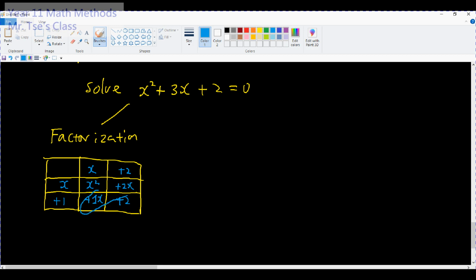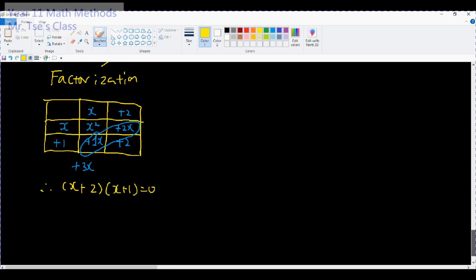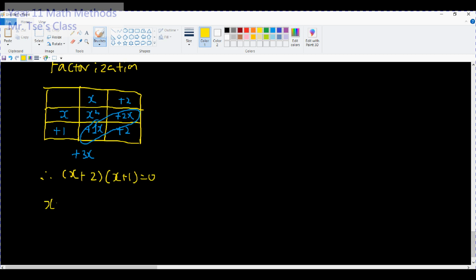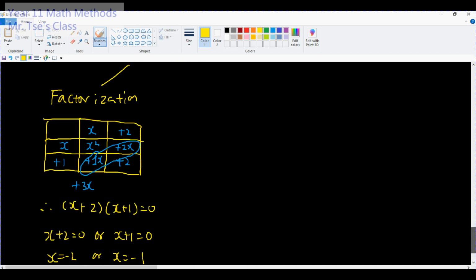You see that plus 1x plus 2x becomes plus 3x, which matches the middle term. So the answer is x plus 2 times x plus 1 equals 0. Then by the null factor law, x plus 2 equals 0 or x plus 1 equals 0, so x equals minus 2, while x equals minus 1. That's the method of factorization.